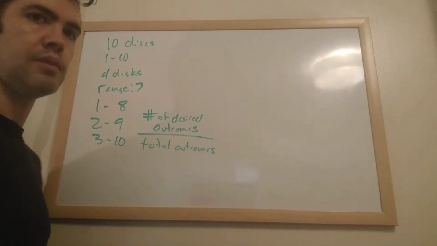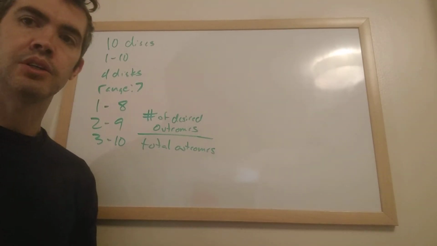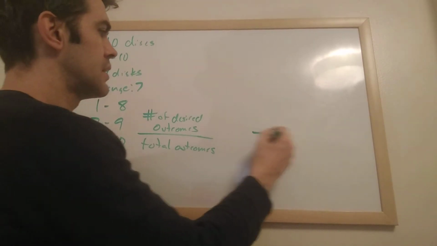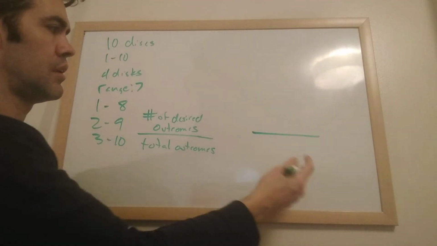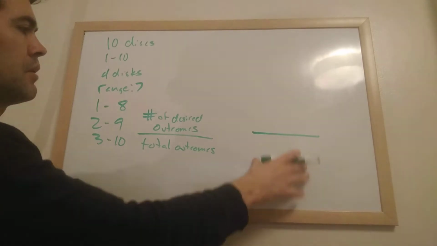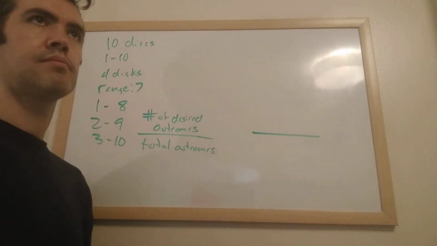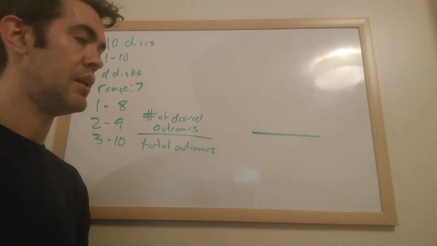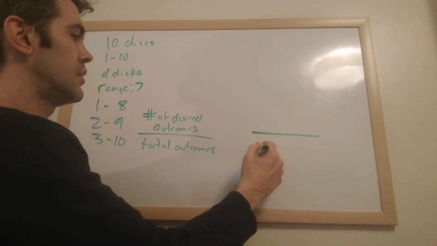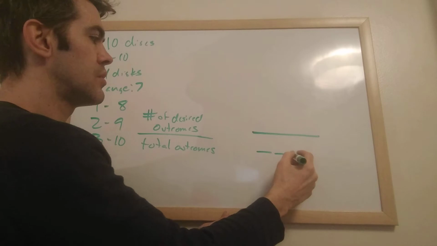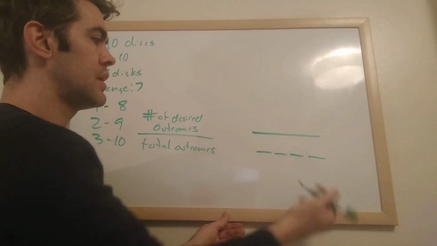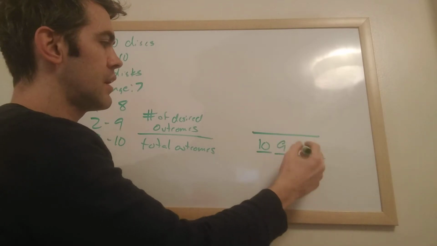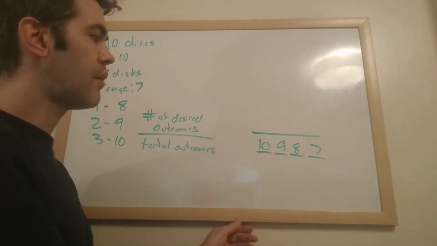So what are the total outcomes? Meaning nothing about the range, just I'm going to pick 4 disks. This is the denominator down here. You can do a slot diagram for this. Okay, there's 2 ways to do this. Each of these represents one of the disks. So I can say there's 10 possibilities for the first disk, 9 for the second, 8 for the third, 7 for the fourth.